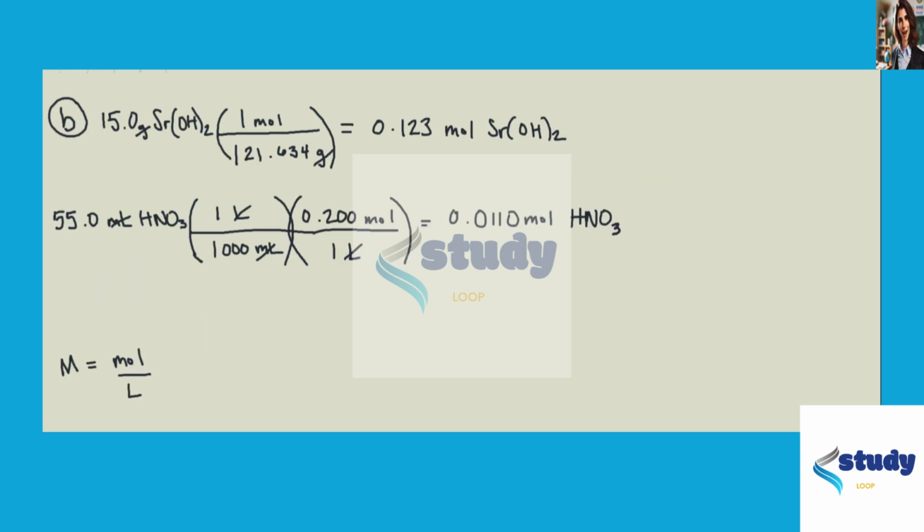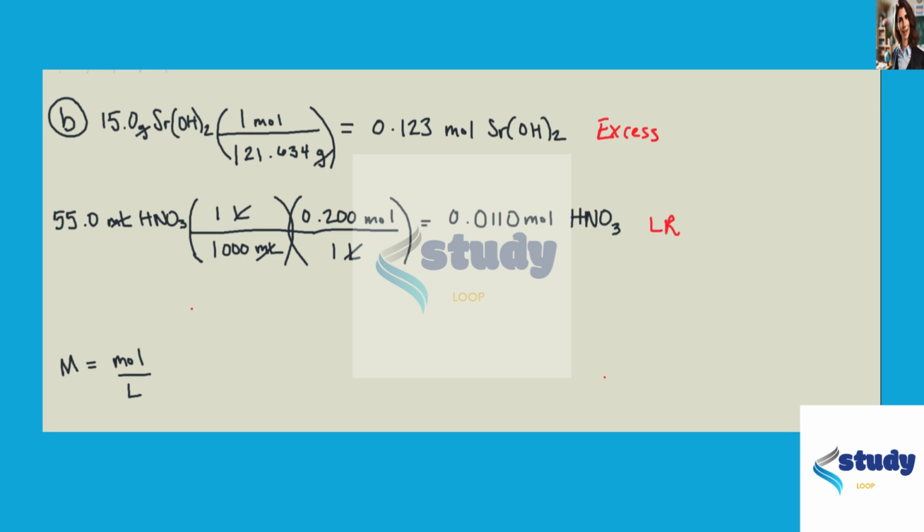Well, I need twice the amount of nitric acid that I do of strontium hydroxide, but I have less of it, which means that this must be what's called our limiting reactant. So this is our limiting reactant, and this is our excess. So I need to figure out how much of my limiting reactant is going to consume of my excess reactant.